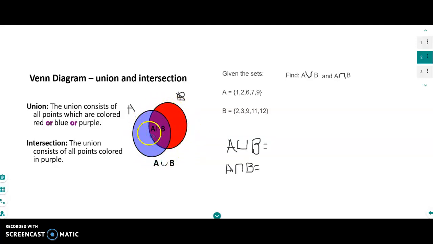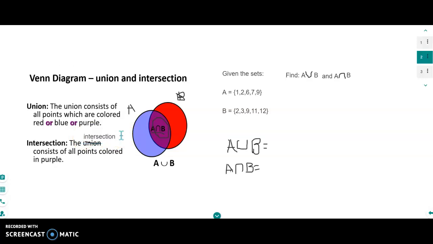An intersection, A intersected with B, will be only the elements that are part of both A and B. So the union, the intersection, here is a mistake, the intersection consists of all points colored in purple, all right? So only this section will be the intersection, all right? So let's write it here, intersection.